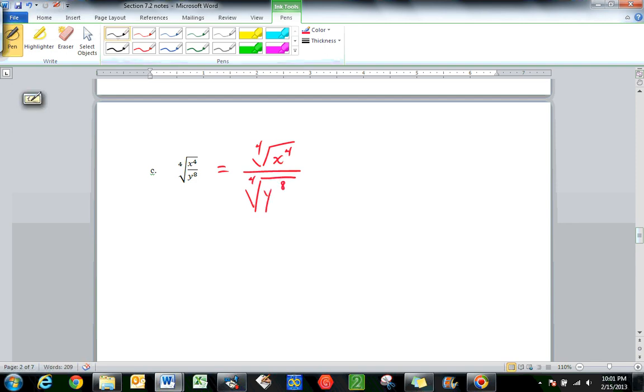Now if we look at the top one, we can see very comfortably that the 4th root and that power of 4 cancel each other out. So that's going to simply leave me x on top. However, on the bottom I have a 4th root and a power of 8, so I can see that I have more of a power than I have a root, so I can break that up even farther.